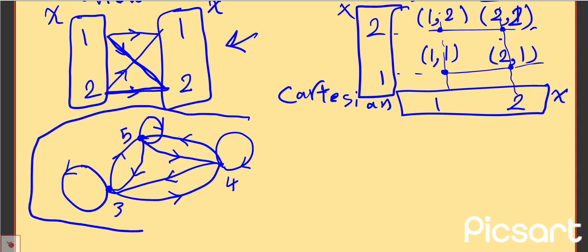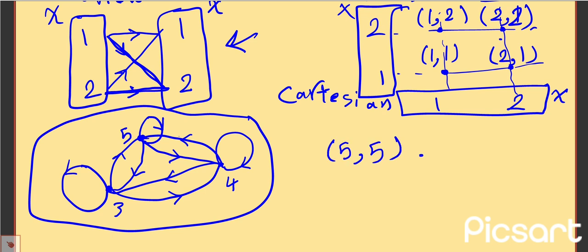This is complicated. Give me the ordered pairs. Okay, here we got 5 and 5, 4 and 4, 3 and 3. Wait, I'm not as fast as you. Okay, 5 and 5, 3 and 3, 4 and 4.